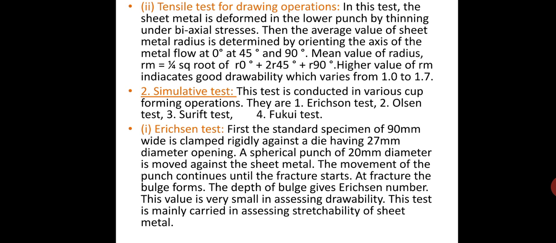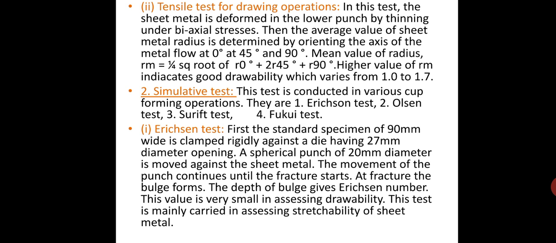The movement of the punch continues until the fracture starts. At the fracture, the bulge forms. This is the example of the setup to identify the Erichsen number for drawability conditions.